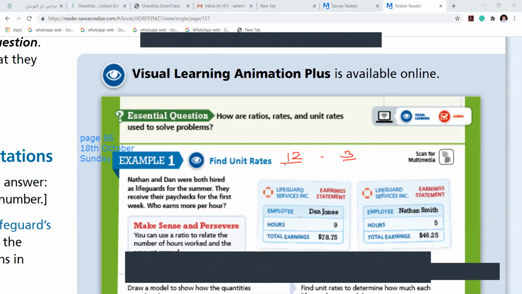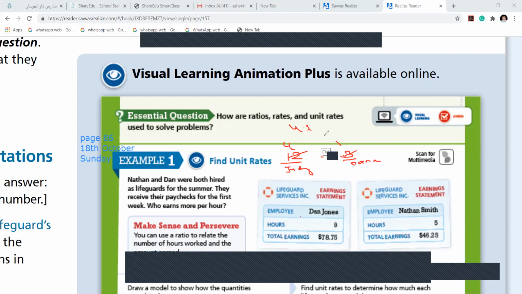Let me give the names. I give 12 chocolates to Judy and 3 chocolates to Dana. How many times more did I give to Judy? I'll do 3 times 1 and 3 times 4. That is 4:1. That is the ratio.